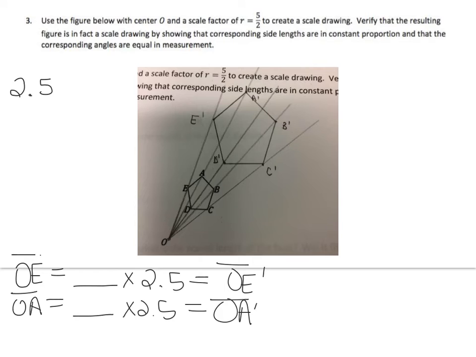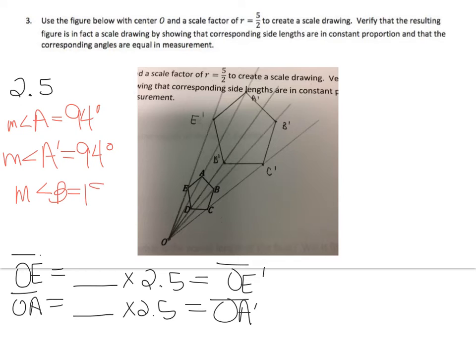If I took my protractor and measured all of my angles, I know that the measure of angle A is approximately 94 degrees, so the measure of angle A prime should hold that angle measurement. We should have the same degrees. Okay, and that's true for all of them. The measure of angle B was a little bit bigger. It was 118 degrees, so the measure of angle B prime is also going to be 118 degrees.